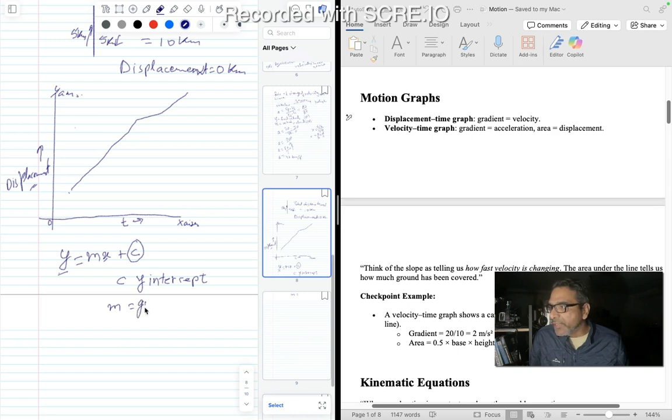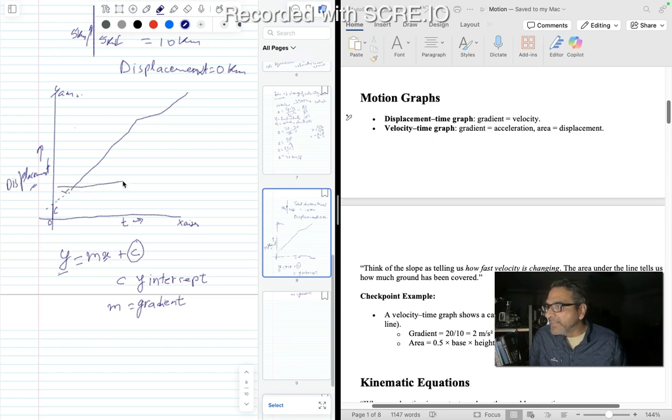M is the gradient, and gradient is the slope. The y-intercept is where this line, if I take it back, meets the y-axis, right? So it is the value of this distance from here to here. Okay, so this is C.